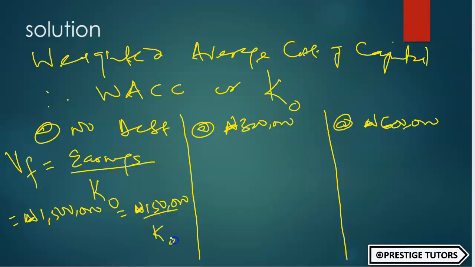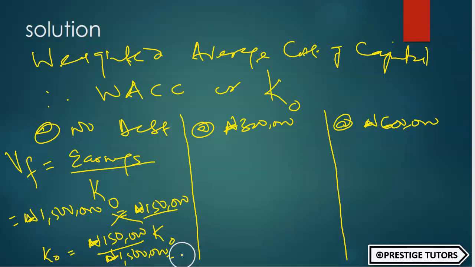Now, if you put this and you cross multiply, KO will give us 150,000 over 1.5 million. What would that give us? That should give us 10%, right?